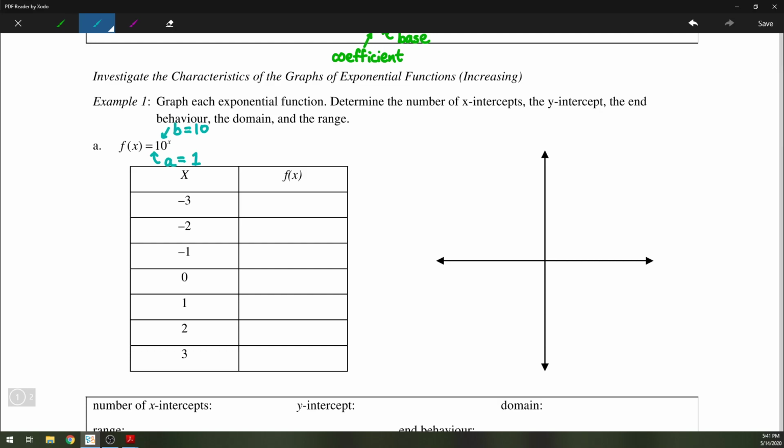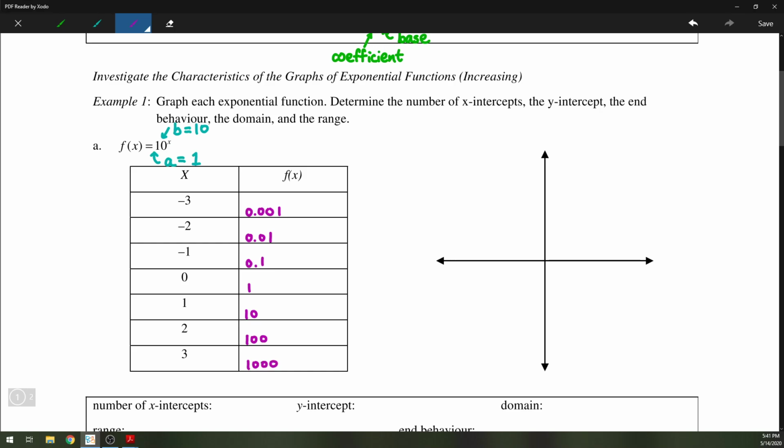So 10 to the -3 power, that will give us 0.001. 10 to the -2 power will be 0.01. 10 to the -1 power would just be 0.1. 10 to the 0 power is just 1. And then we have 10, 100, and 1000 respectively.